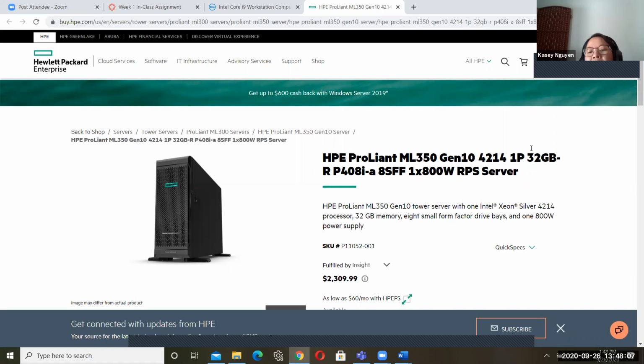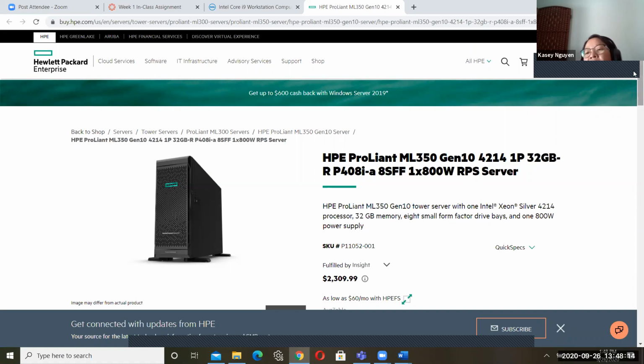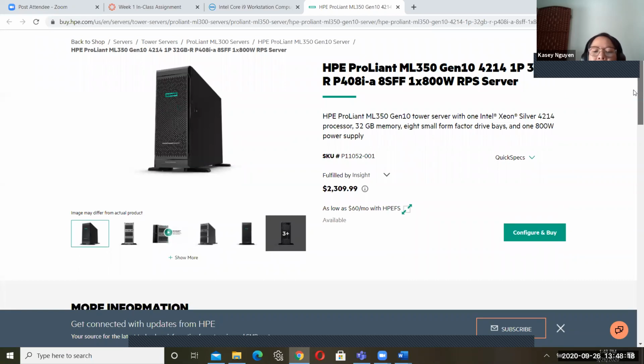All right, so here's the ProLiant, and as you can see, off the box you're going to have some storage with the Gen 10. And this one is also using the Xeon. So that's the series of processor that you often see for server use.